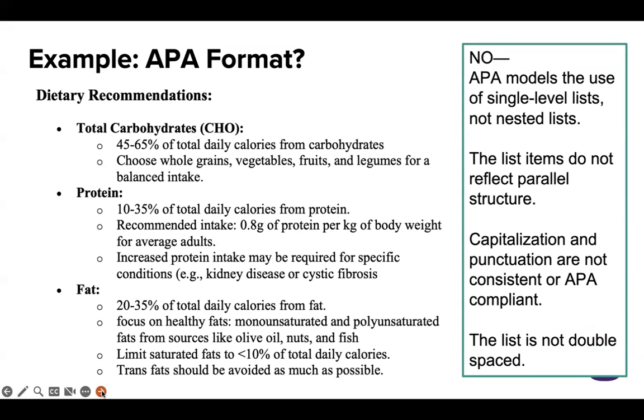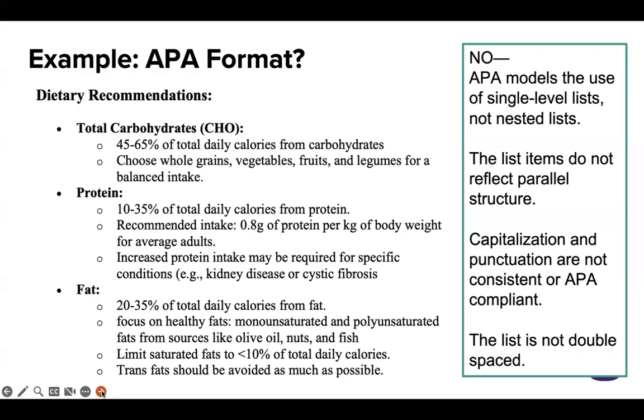We would not in APA have a nested list where, for instance, carbohydrates has a bullet point next to it, and then the details for carbohydrates are nested under it with more indented bullets. That's not modeled at all in the APA manual, so we don't want to stretch guidelines and do that if we're following APA.